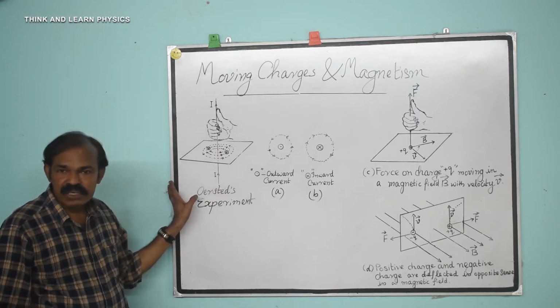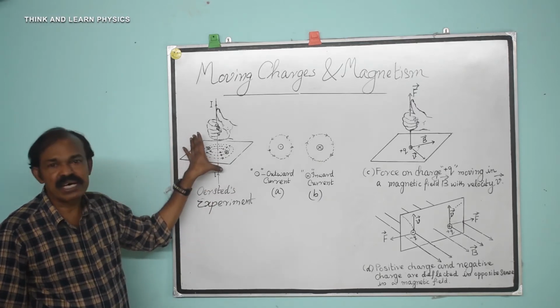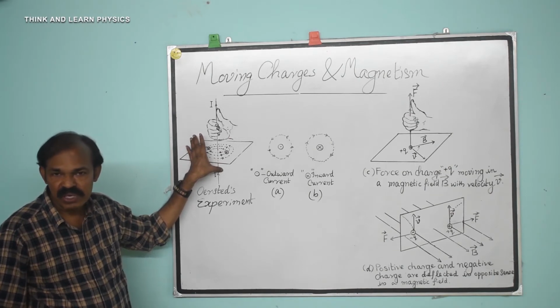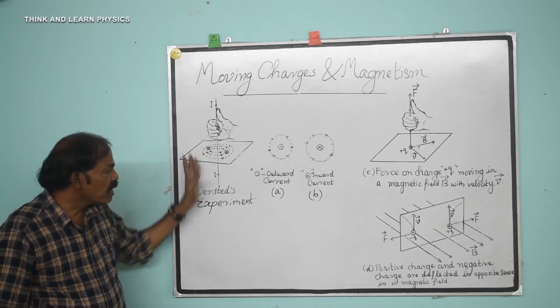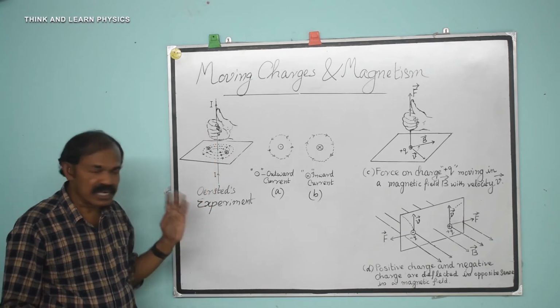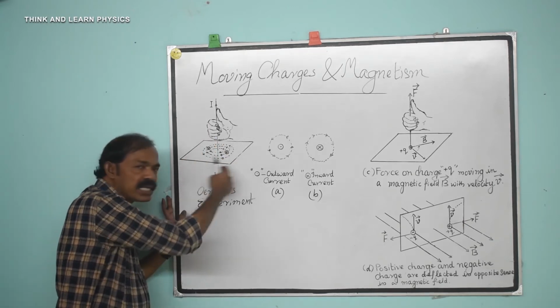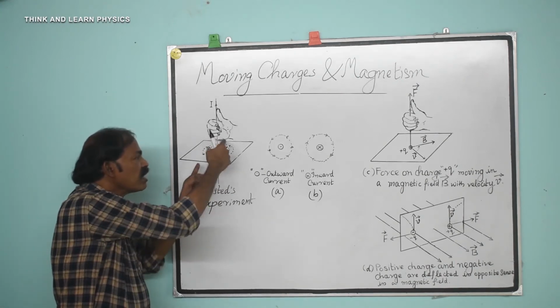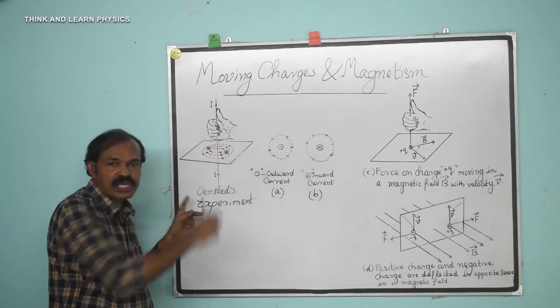That means the flow of positive charges, protons, alpha particles, etc., if they are the particles moving like this current, then the magnetic field formed will be like this. But if electrons are moving in this way, then the flow of current will be opposite to that.